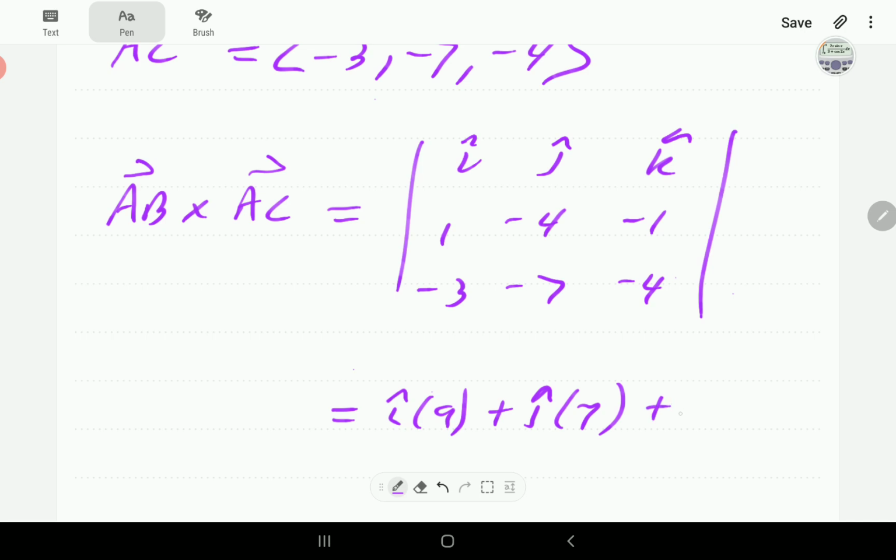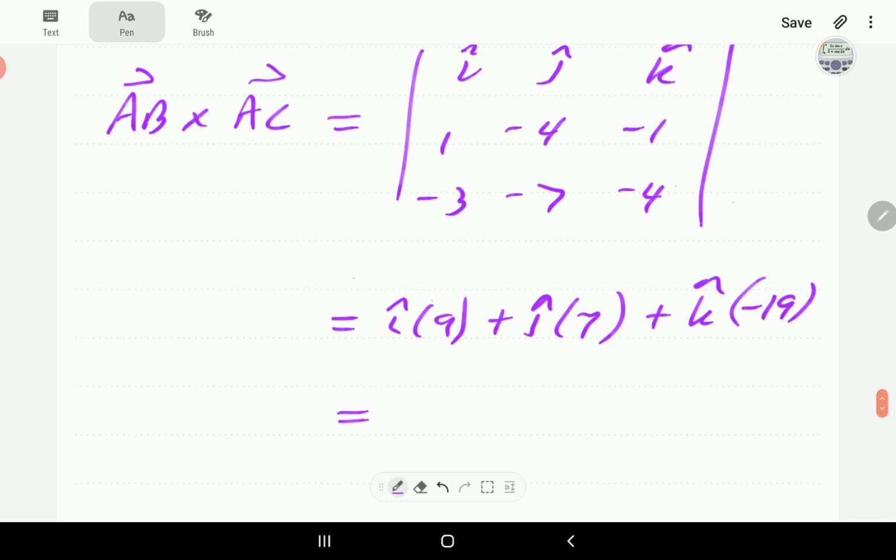Then for the last one, we are going to have -7 minus 12. It's -7 minus 12, which is -19. So this is the cross product AB cross AC.